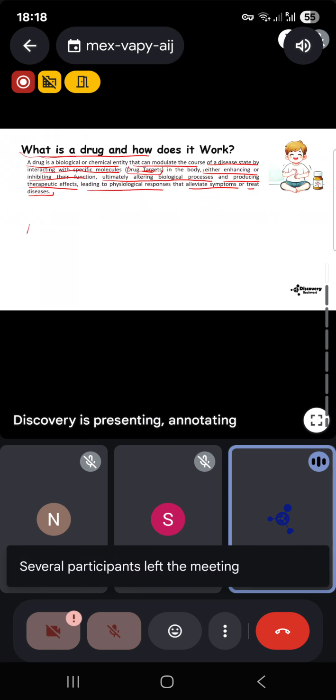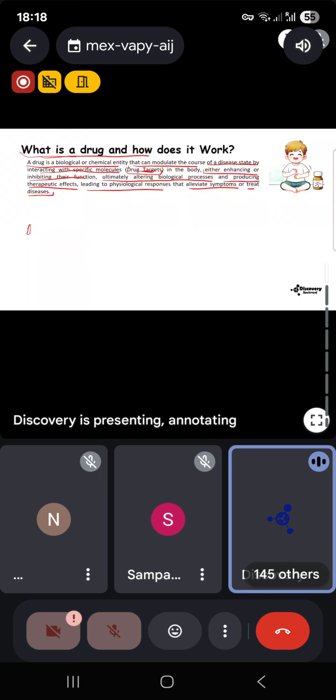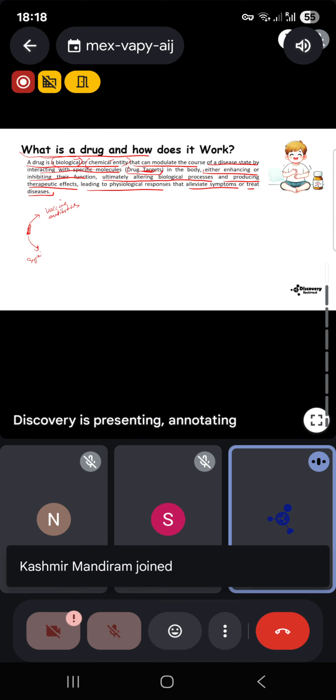So if you have a drug molecule here, what is it saying? A drug can be anything, but mainly these two. They can be biologicals like vaccines, antibodies, etc., and they could be synthesized chemical entities.